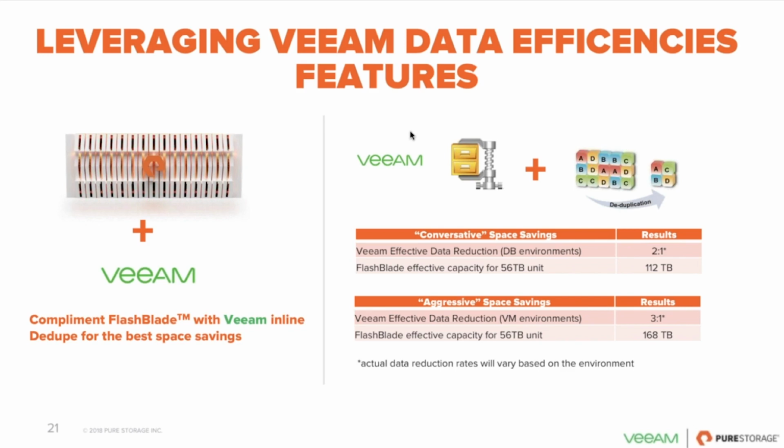Sean, did you have some observations here? Yeah, absolutely. These are some of the numbers that we use, and they're very important, especially when you're trying to calculate how much storage space you're going to need for your backup data set. 2 to 1 is a pretty conservative number that we use within Veeam. You're pretty much guaranteed to get at least a 2 to 1 data reduction. Real world data reduction can be anything from 3 to 1 up to 10 to 1, depending on the type of virtual machines you're backing up.